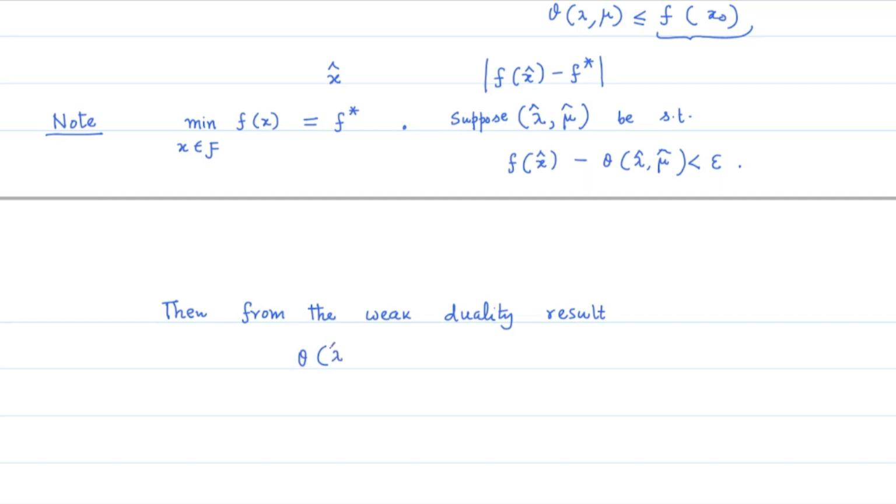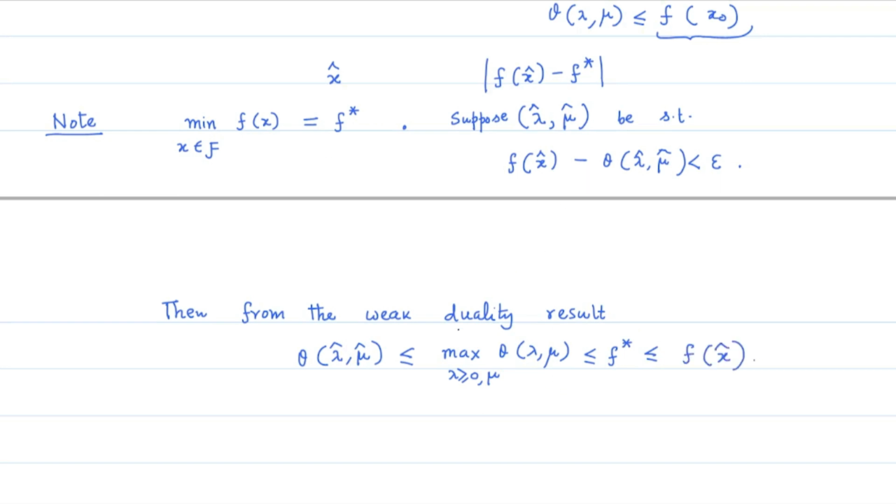the value of theta at lambda hat mu hat is less than or equal to the maximum of theta lambda mu over lambda greater than or equal to 0, which is further less than or equal to the minimum value of the objective function of the primal in the feasible set, which we have denoted by f star. We have just denoted it, we do not know the value of this f star, and this is further less than or equal to f at x hat.